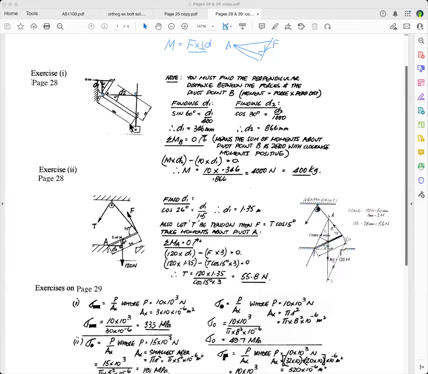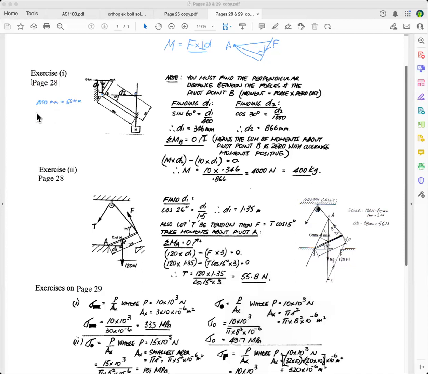So you can use scale: 1,000 millimeters is equal to what you've measured it. Let's say it's 50 millimeters to make it easy. So you've measured it to be 50 millimeters, right?